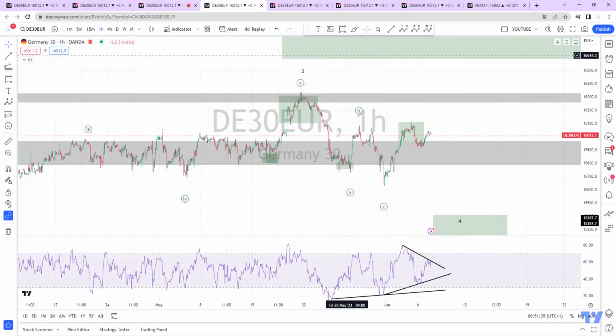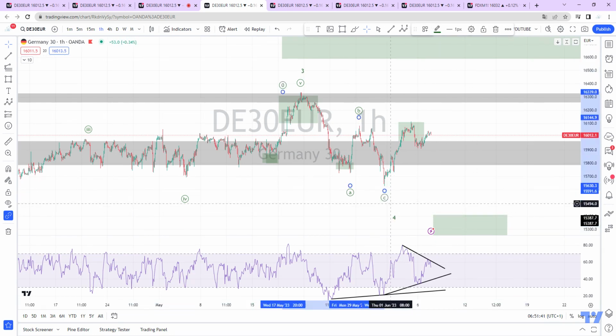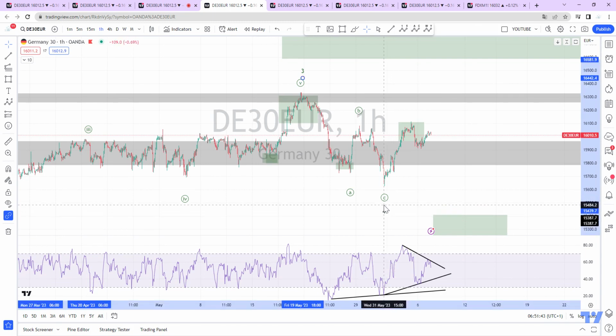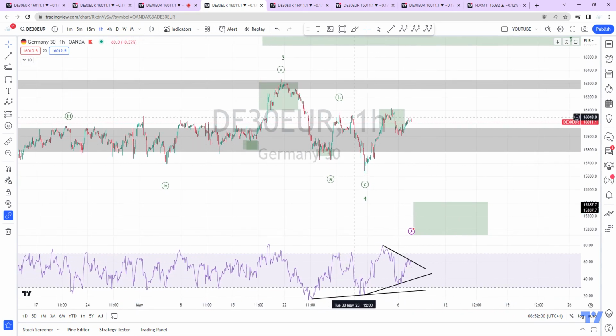Okay, then if we further zoom in to the 1 hour, one possibility is that our wave 4 is in here and that we are now ready to go up again. So in that case, we had here our A, B, C, and that means that unfortunately our wave C did not reach the equal leg area.